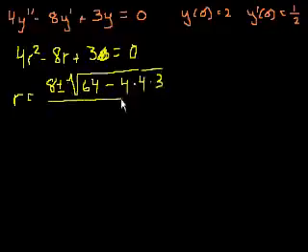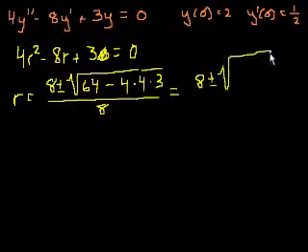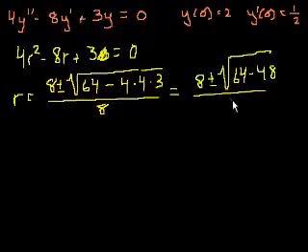All of that over 2a. 2 times 4 is 8. That equals 8 plus or minus square root of 64 minus, what's 16 times 3, minus 48. All of that over 8.